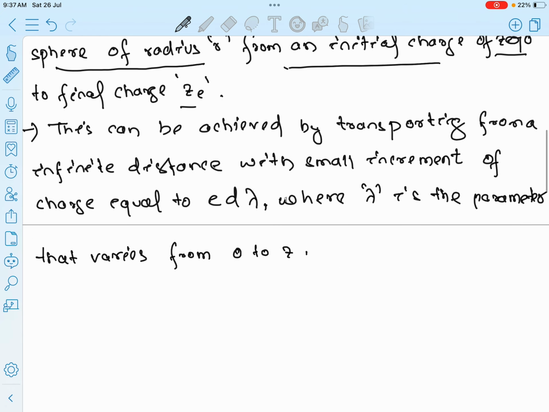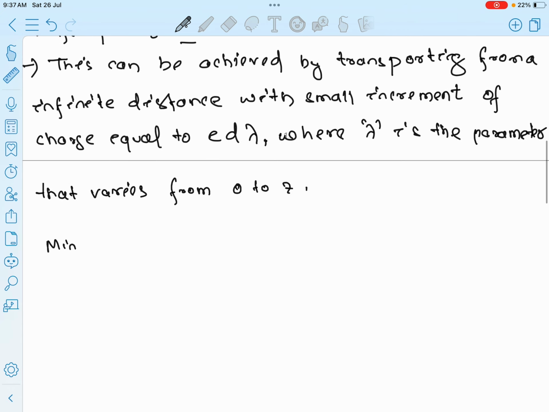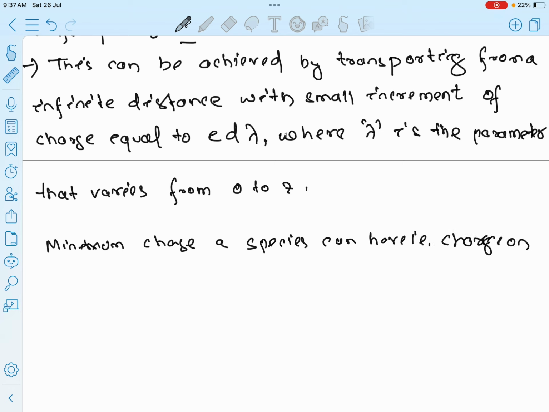So the minimum charge a species can have, that is the charge on an electron, is equal to 1.6 × 10^-19 coulomb.